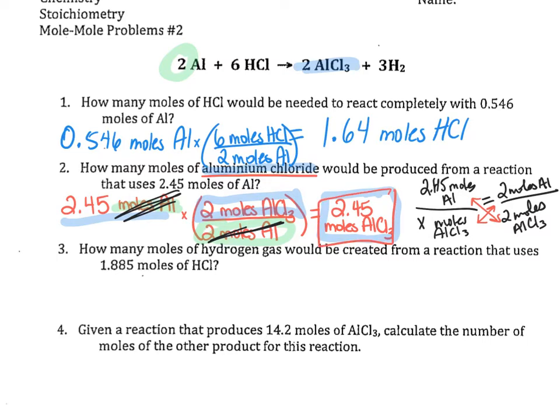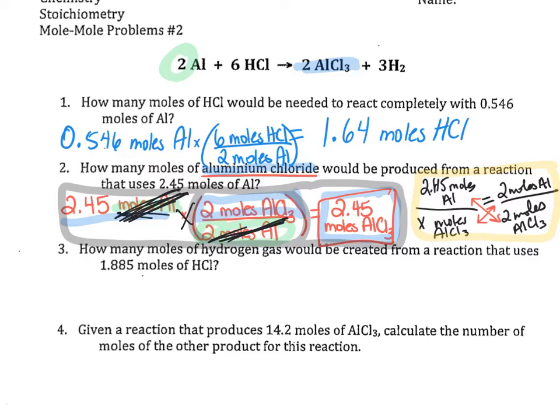So this is just another way to set it up where you're setting it equal to each other and cross multiplying for your algebra, versus the method here where we are setting up our ratio and then multiplying it and crossing out and canceling our units, making sure the same units are on the bottom and the unit that we want to get to is on the top. So just remember your mathematical rules for whichever way you do it.